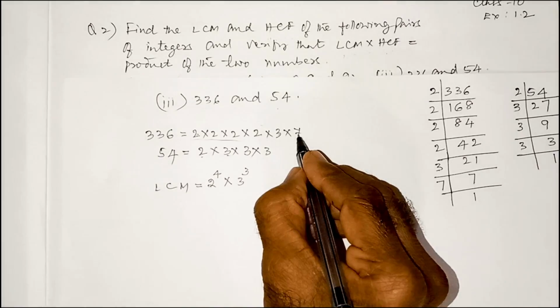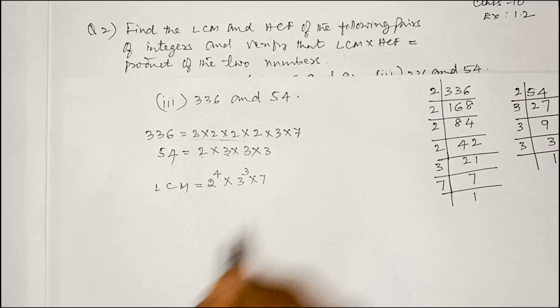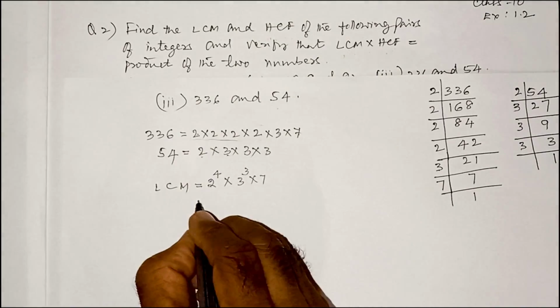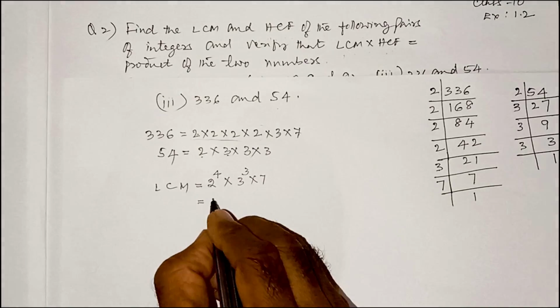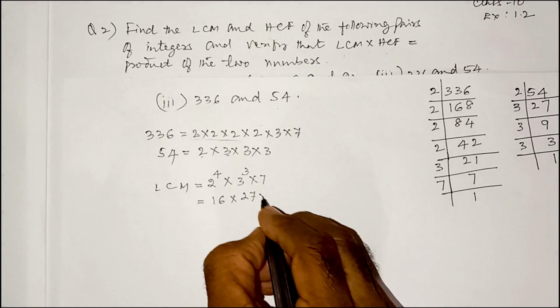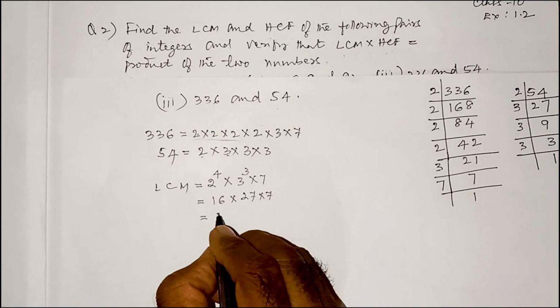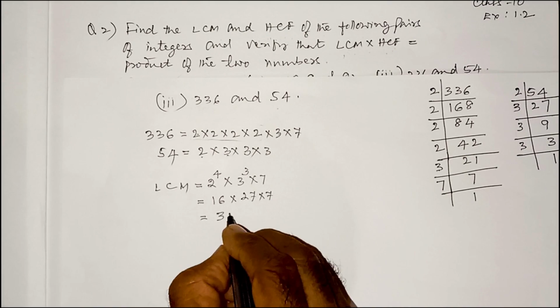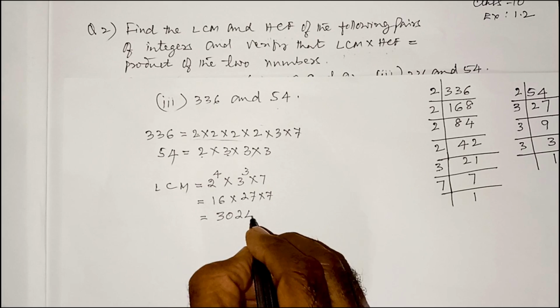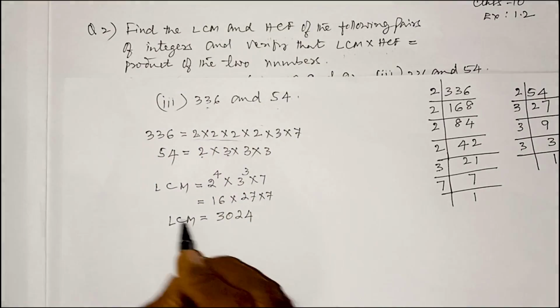Left with 7, which is not available here. So you need to take 7 once. When you multiply, you get 16 into 27 into 7. That gives you, if you multiply, it is 3024. So LCM of these two numbers is this.